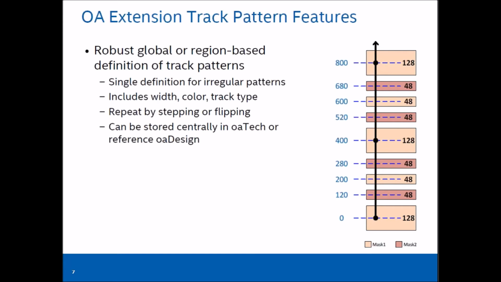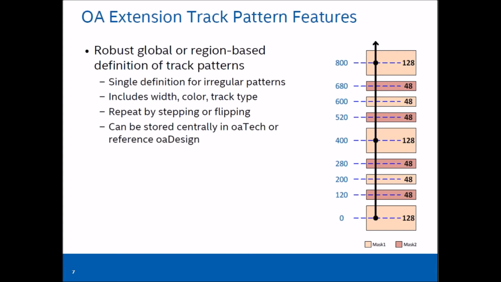For multi-pattern technologies, I've shown this with different display colors here. That intention of using a particular color, if desired, not always required of course, but if it's needed, that ability is there. And then of course the pattern is irregular and represented as a single unit as opposed to interleaving and working around a limitation.